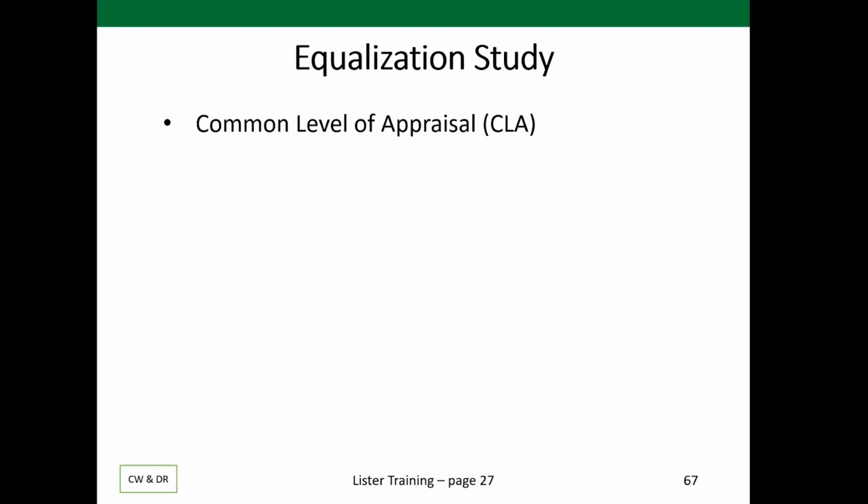And the coefficient of dispersion, the other result of the equalization study, is a measurement of uniformity and equity of assessed values and can be a measure of the quality of the assessment process. A COD of above 20 will trigger a reappraisal order. That's another reason that you want to focus in on that number as well.